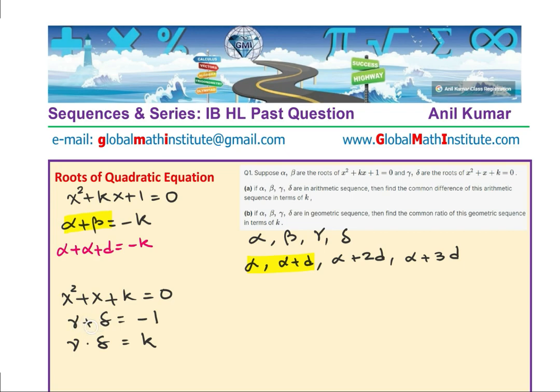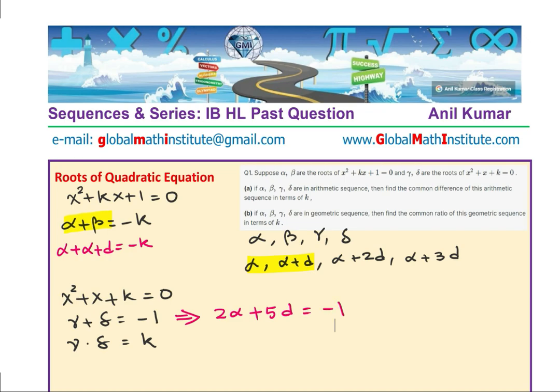And now for gamma plus delta, gamma and delta will give 2 alpha plus 5d, right? So this equation will give us 2 alpha plus 5d, 2d plus 3d, 5d is equal to minus 1.